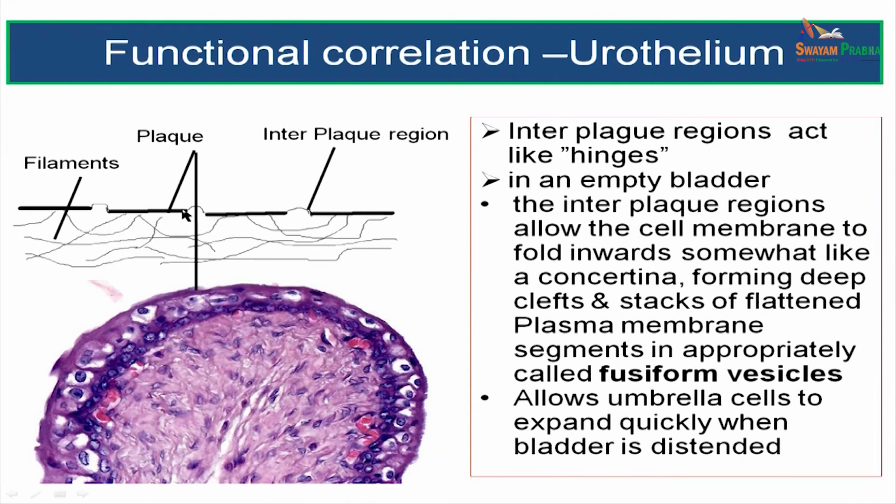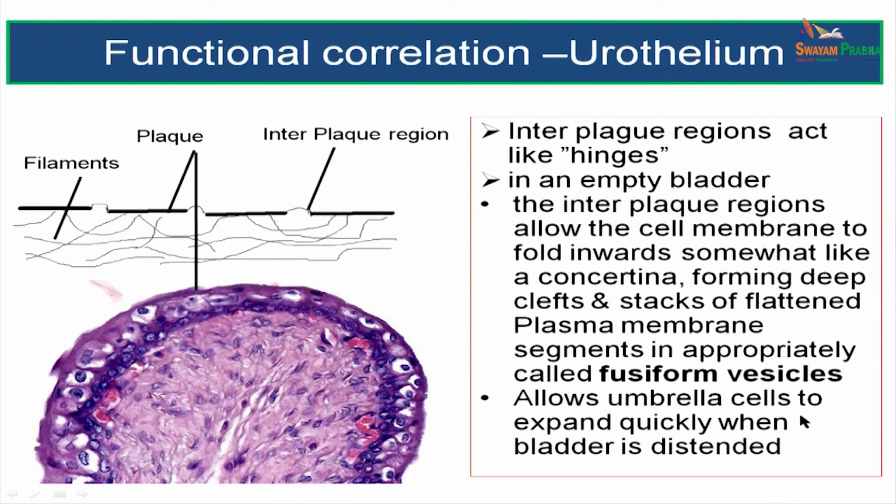That is, the membrane forms stacks of flattened plasma membrane. The interplaque region acts as a hinge, and these stacks of plasma membrane in an empty bladder are sometimes inappropriately called fusiform vesicles.